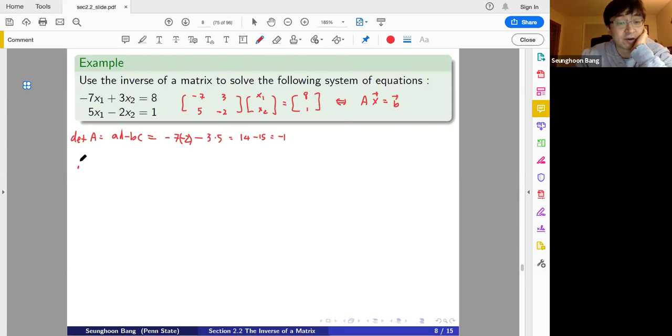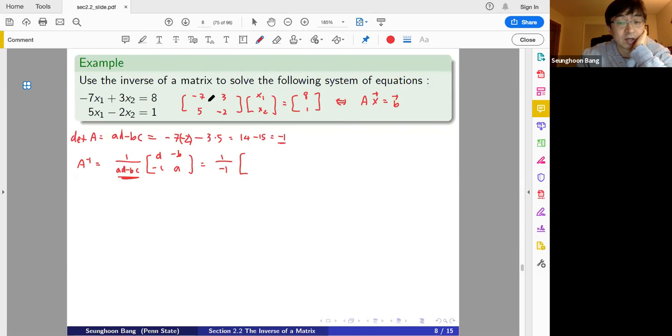What's the inverse? The inverse is 1 over AD minus BC. What happens is that A and D are interchanged. Here, take the negative of the other entries. So 1 over AD minus BC, you calculate it, is -1.